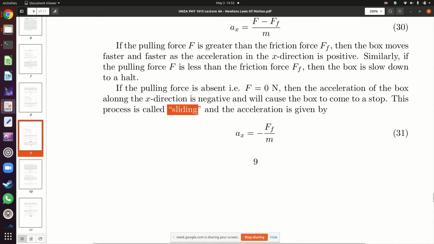It can slowly reduce or it can quickly reduce. But the whole point is that the velocity will reduce because of that negative acceleration, and eventually your sliding object, whether it likes it or not, has to come to a stop. So you can't slide forever. No matter how smooth your thing is, you can't slide forever.